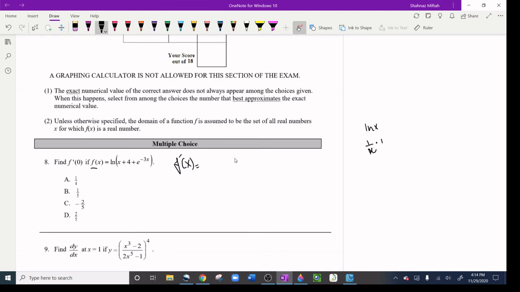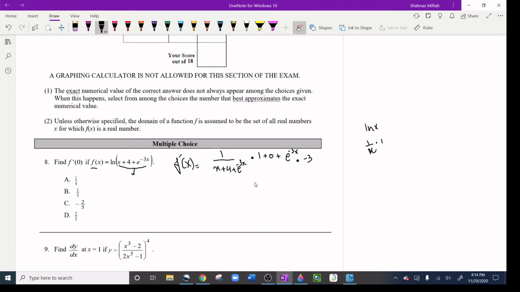Derivative of ln of whatever argument, I call this something: take the derivative of ln something, so 1 over something as it is, times the derivative of this something, which is 1 plus 0. Derivative of x is 1, derivative of 4 is 0. Derivative of e to the negative 3x is e to the negative 3x times the derivative of the exponent, which is negative 3.